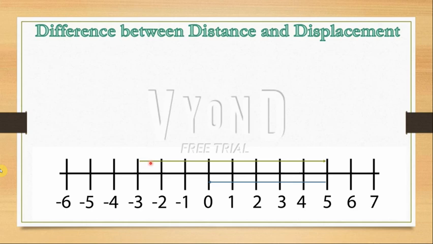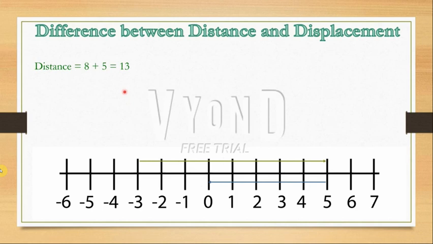The object here covered 8 units: 1, 2, 3, 4, 5, 6, 7, 8 units. Then on its returning back, the object covered another 5 units. So the distance here equals 8 plus 5 equals 13 units, meters or kilometers.